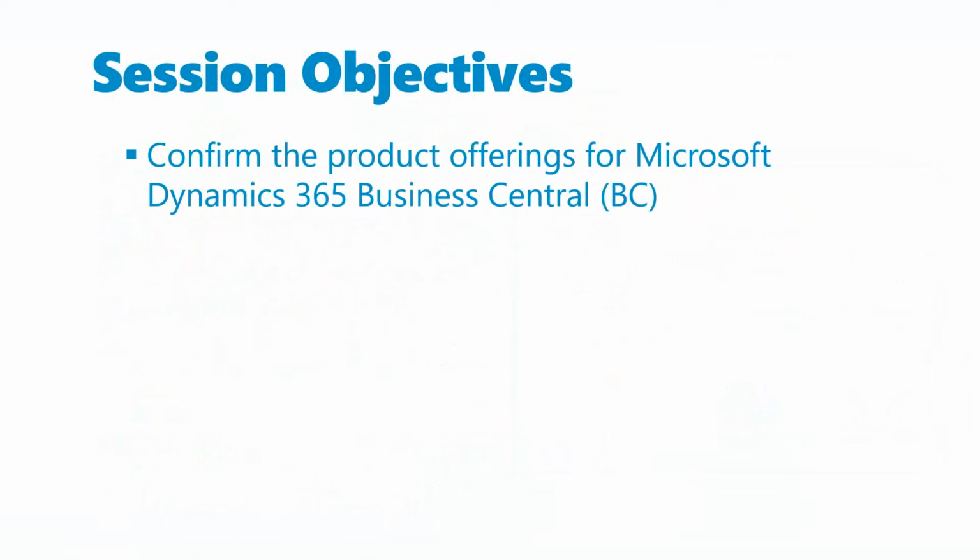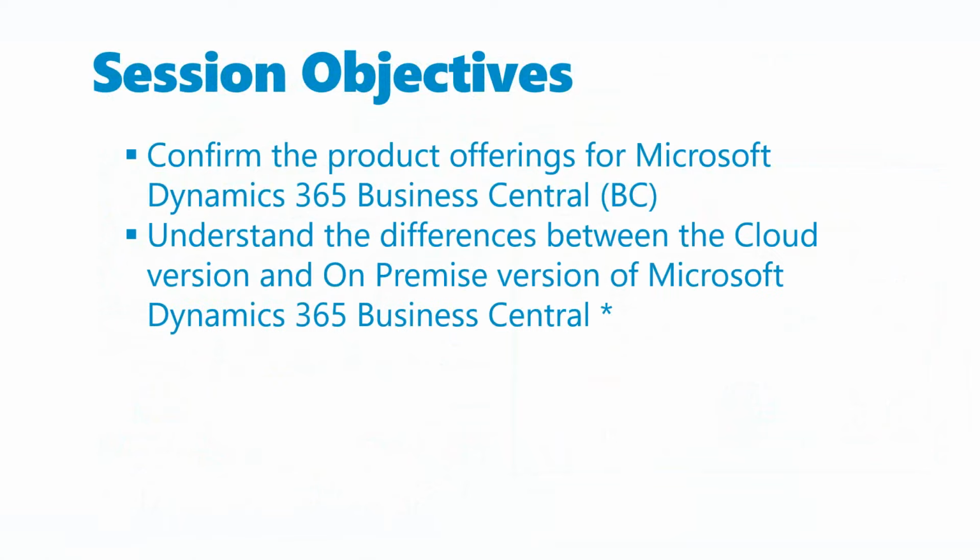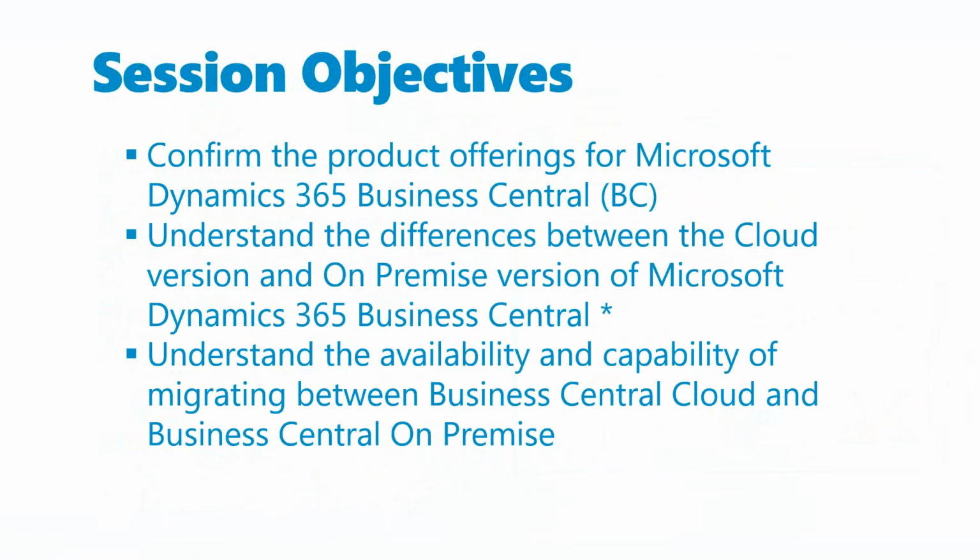The purpose or objectives of this session is to confirm what product offerings are available from Microsoft for Business Central, or BC. Understand the differences between the cloud version of Business Central and the on-premise version of Business Central.